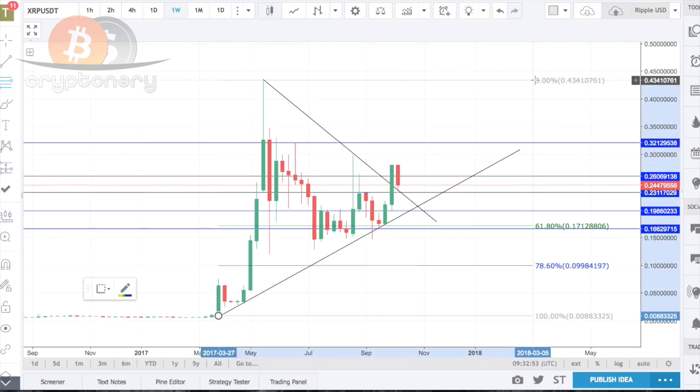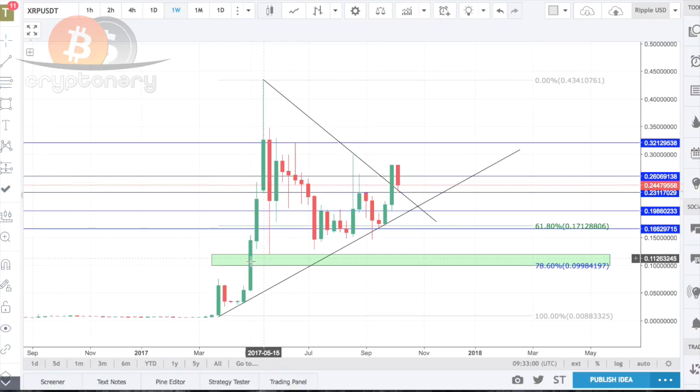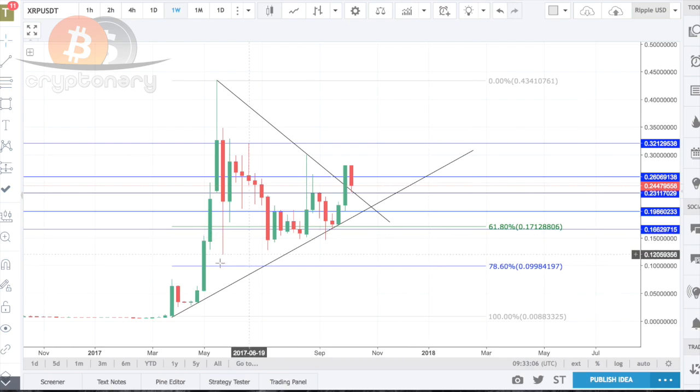And one thing you'll notice straight away, this zone is almost essentially a backup zone in a worst case scenario. But if I wipe out this zone completely, forget about the 78.6, look at the 61.8. This correlates almost pinpoint to the support level we drew of around 16.6 cents.